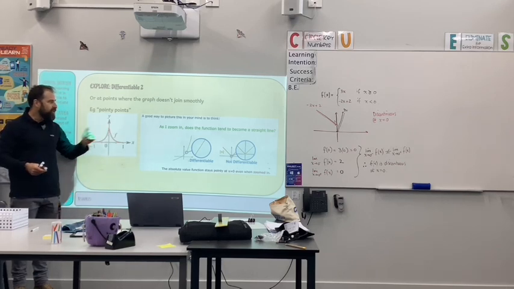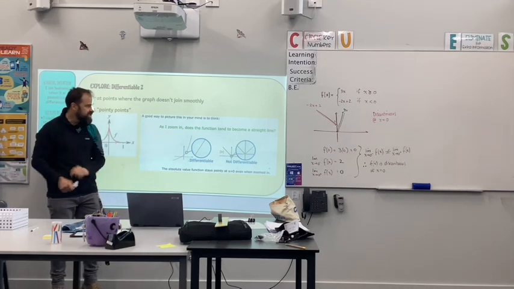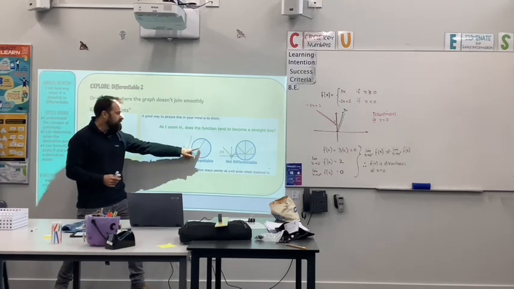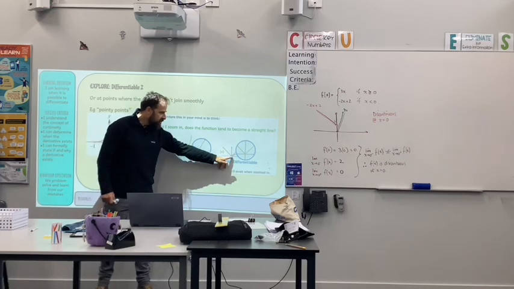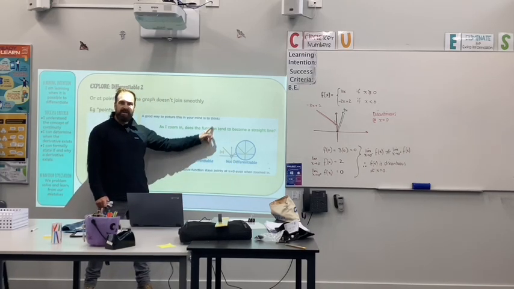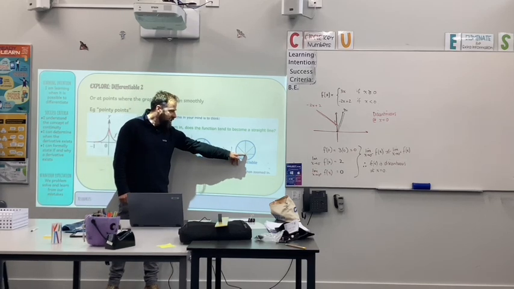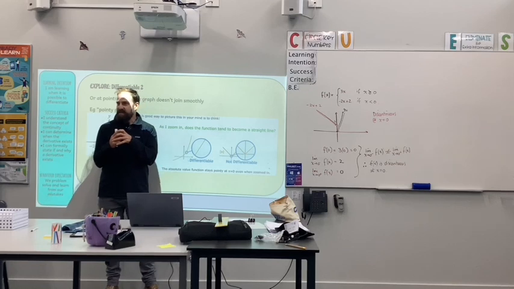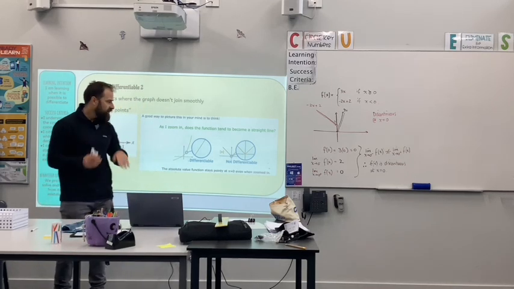Derivatives do not exist at pointy points. Good way to picture this, if you zoomed in, would it make a nice straight line? Or hence like becoming a nice smooth gradient transition? Or does the graph have a pointy point? If I zoomed in, does it still look exactly the same? Is it just still pointy? Okay.